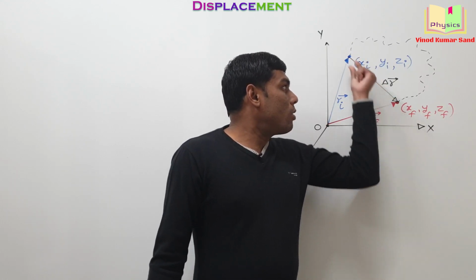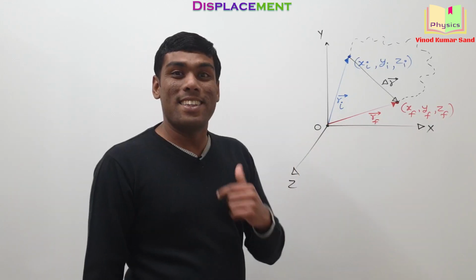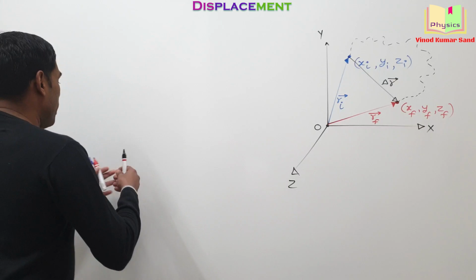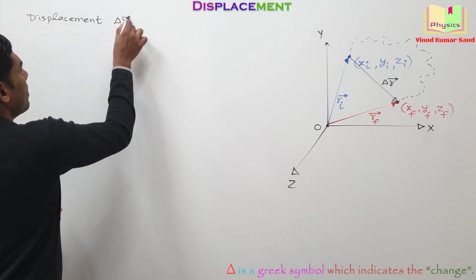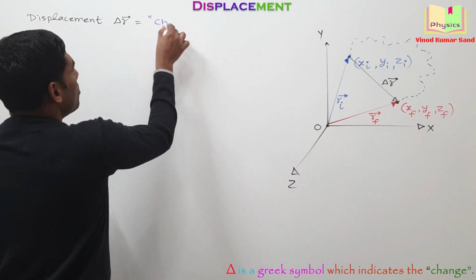So this black vector is indicating the change in position, and this is the definition of the displacement. The word displacement, or we write it as del r vector, is basically equal to the change in position.